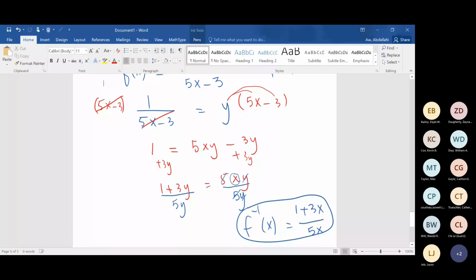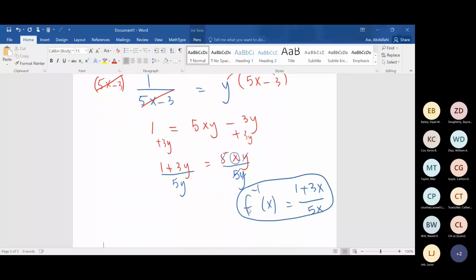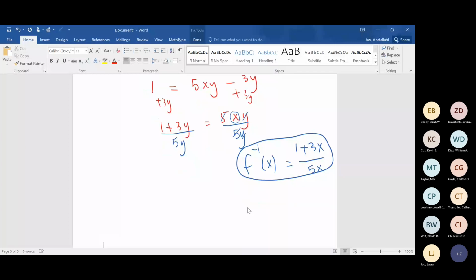All right. So that is one of the easiest ways to solve something like that. This example has more steps than the one we did before, right?